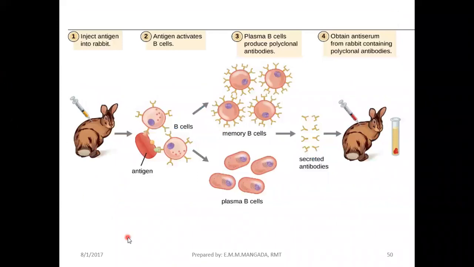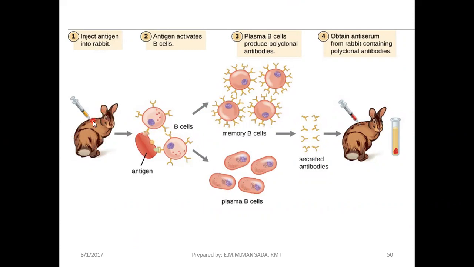So guys, this is how your monoclonal antibodies and polyclonal antibodies are being produced. Okay, so this first picture here, we have the production of your polyclonal antibodies. We're going to inject the laboratory animal with an antigen.